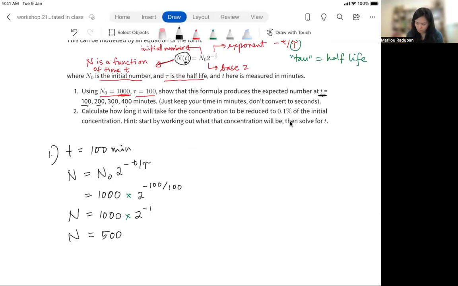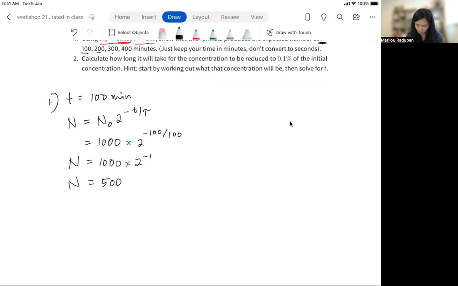You can do the same thing for when t is equal to 200 minutes. You can also rewrite this equation because N0 is a constant number: 1000 times 2 to the minus t over 100. N0 is the original concentration, 1000, and tau is the half-life, given as 100.